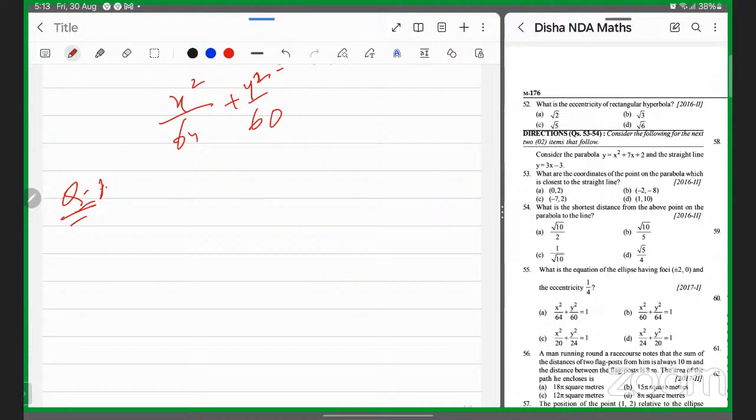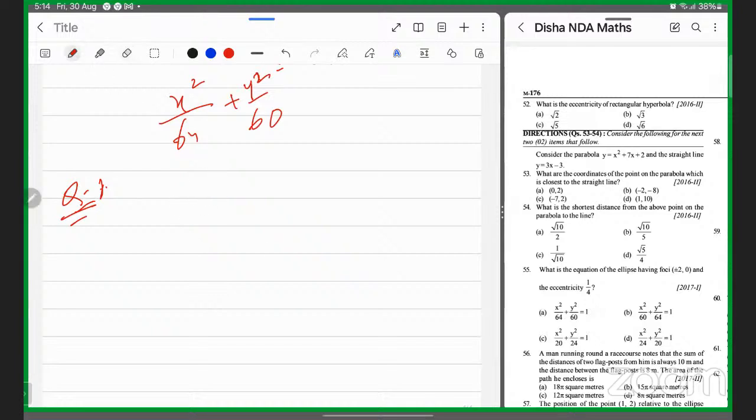You have the parabola and the straight line. What is the coordinate point on the parabola which is closest to the straight line? And what is the shortest distance from the above point on the parabola to the line?